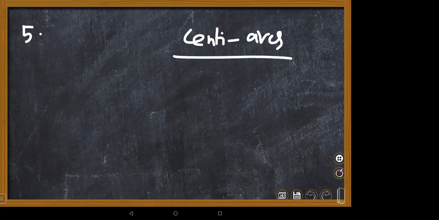Centiyears. This is given for units. Ma'am, acres? Ma'am, it is a unit of land, like hectares. Not only area here, it's not like acre. Acre's spelling is different. A-R-E-S is given here, children. I think acres, ma'am, only. I don't know.